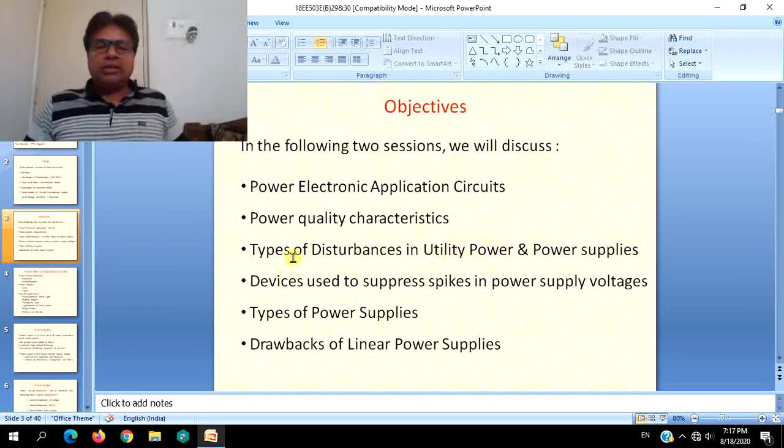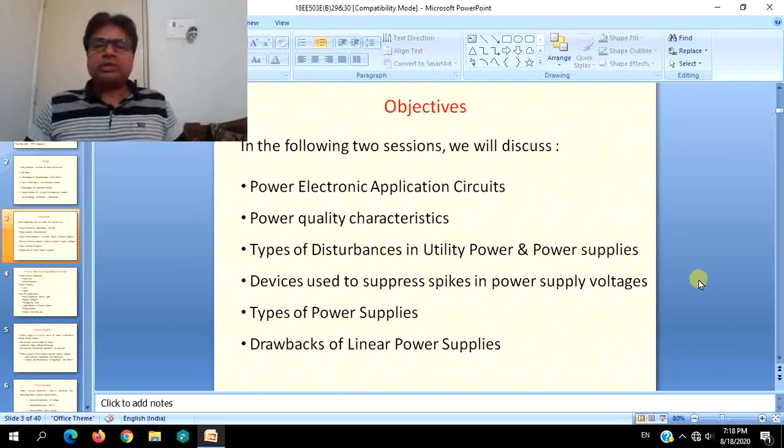And in these disturbances, spikes are the most hazardous and most intriguing things in the power supply voltages which are to be eliminated. They pose many problems when compared to the others in terms of magnitude and phase and also the shape of the waveform, all those things.